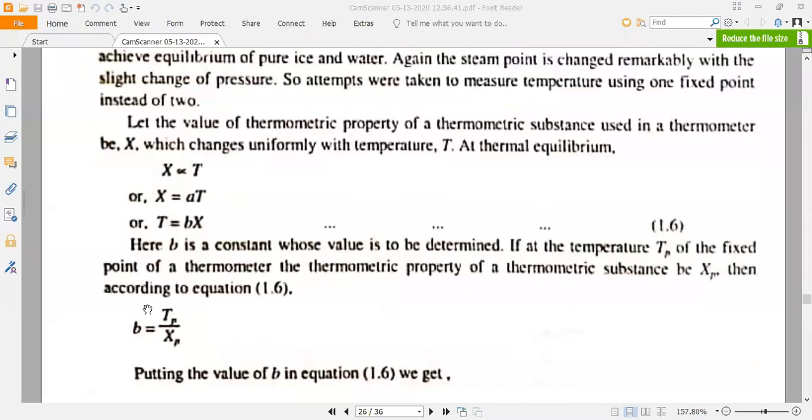Let us say for a certain temperature Tp, I know that the value of X is Xp. If I apply this equation over there, then Tp by Xp, I know both values. So this will give me the value of B. Then I can plug it back here and find out the value of X for any temperature. Or if I know the thermometric property value, I can find out what temperature it is now. Okay.